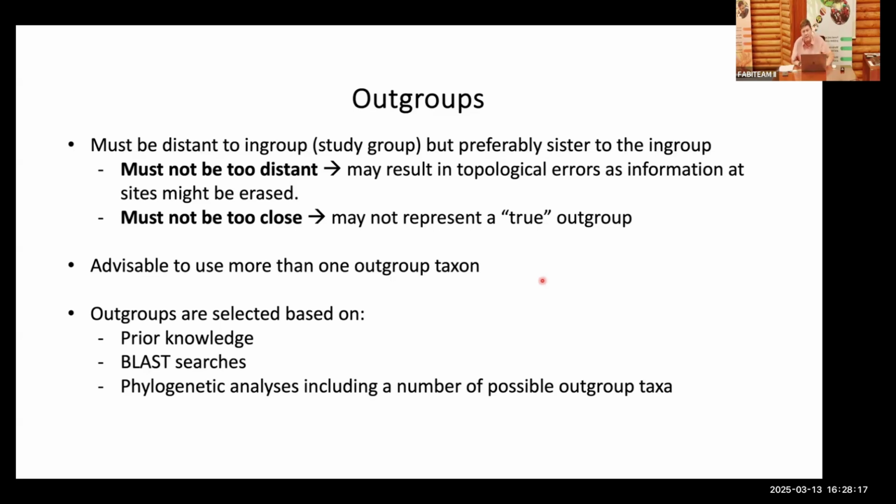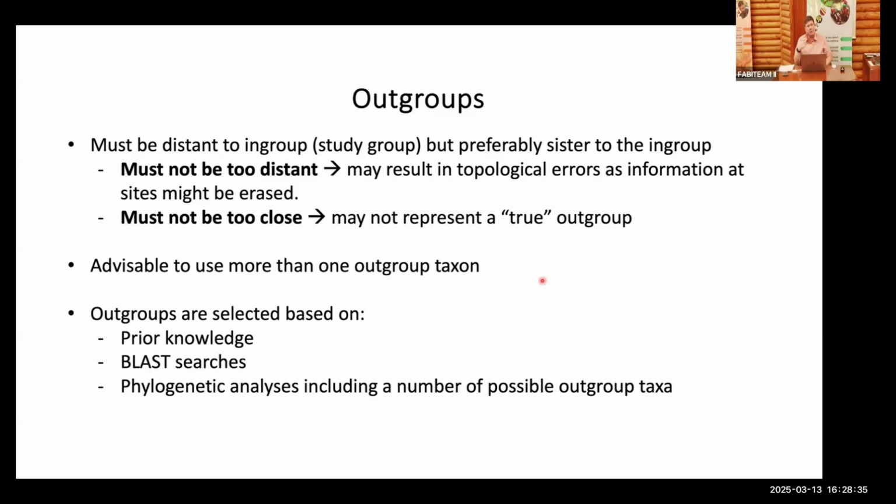If you go back to our first session, we talked about sister groups, monophyletic groups, paraphyletic, polyphyly, and so on. Just to remind you, a sister group is the monophyletic group next to our study group.